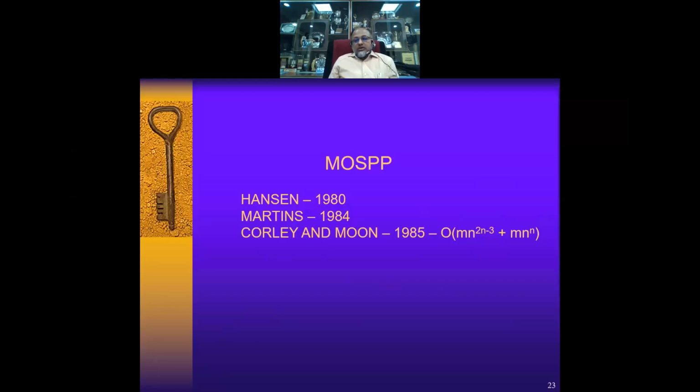Now, my dear audience, researchers and young faculty members, you can do research in this topic. Try to find a polynomial time algorithm to solve the multi-objective shortest path problem.